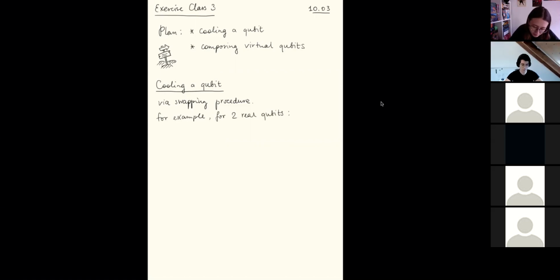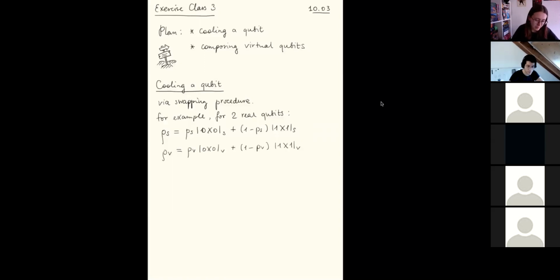Suppose that we start with two real qubits, which are both in a diagonal state: P_S|0⟩⟨0|_S plus (1 minus P_S)|1⟩⟨1|_S. And the second qubit, we'll label it V, is P_V|0⟩⟨0|_V plus (1 minus P_V)|1⟩⟨1|_V. The state of the composite system can be described by a tensor product of the states of the individual systems.